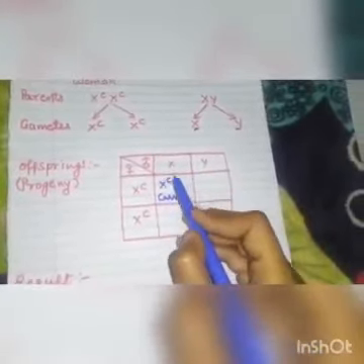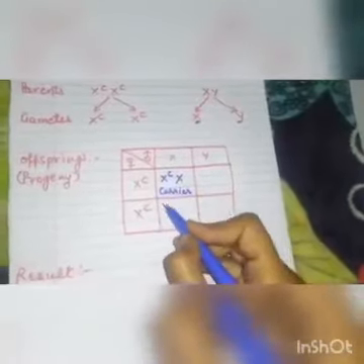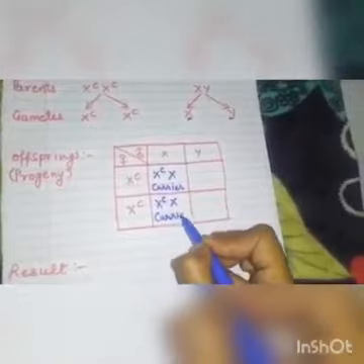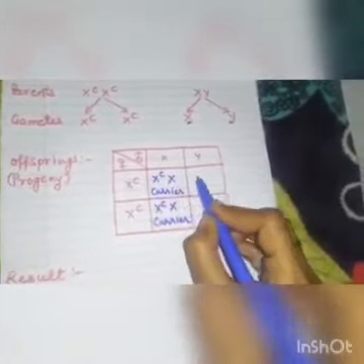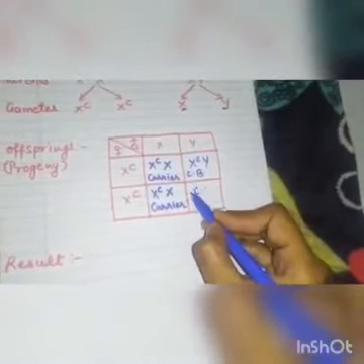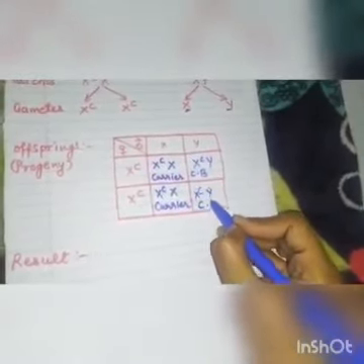Next is Xc and X, which is also a carrier female because only one X is having the colorblind allele. Here Xc and Y, it is a colorblind male. Next is also Xc and Y, a colorblind male, because the X chromosome is having the colorblind allele.